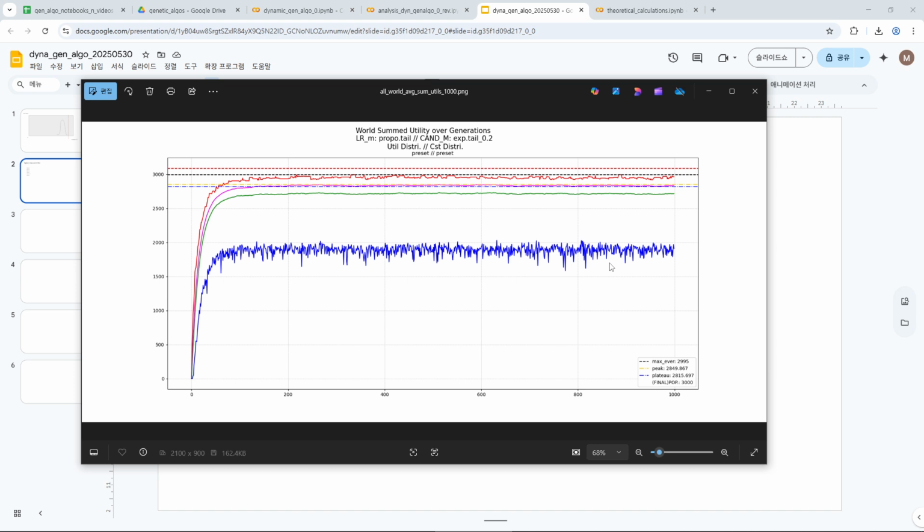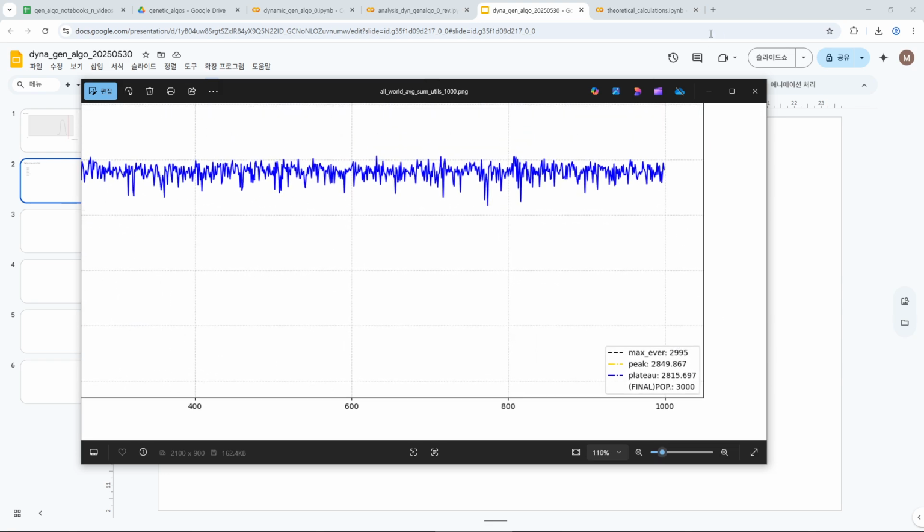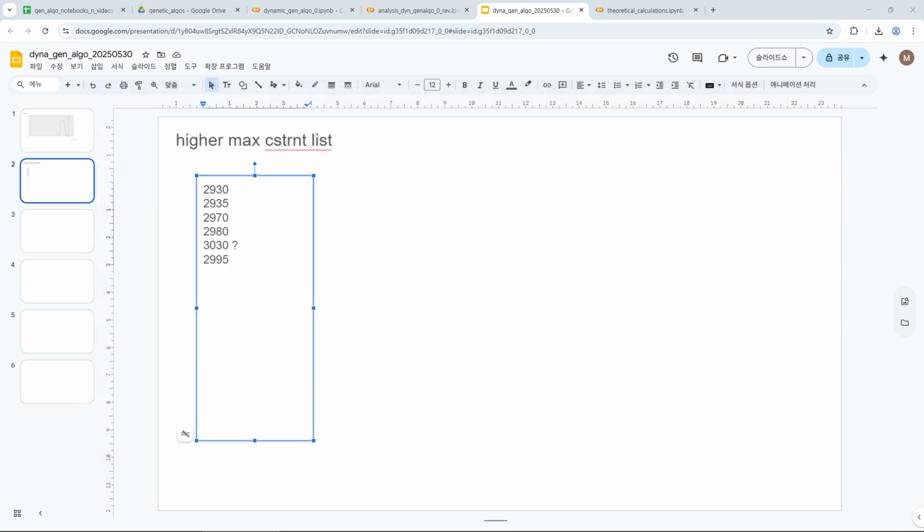So if you set it to 3,000, it could go down to 2,700. If you set it to 1,000, it may go down to 910, something like that. So in this case, it's 2995. So likely not the true ceiling.